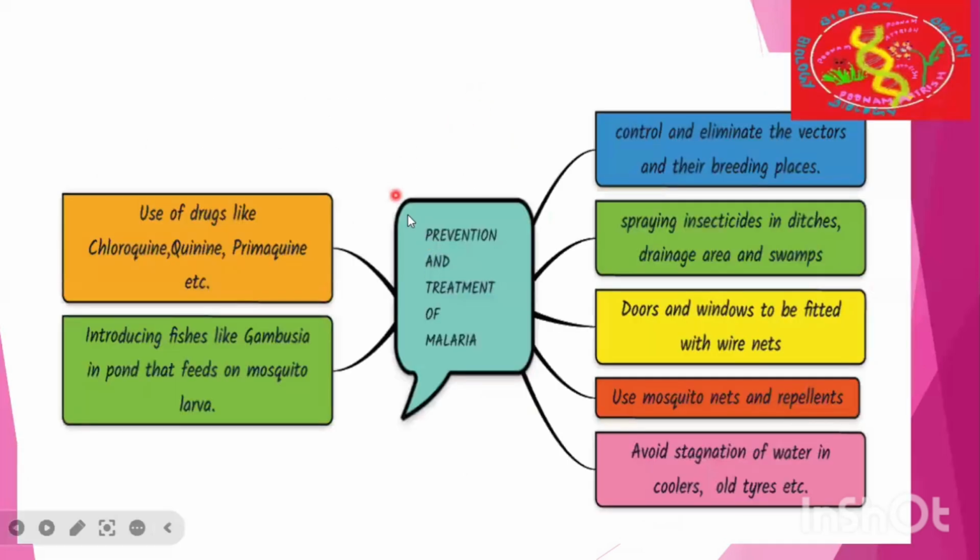Now, here you can see a mind map which shows prevention and treatment of malaria. So, let us first of all read out prevention. How could malaria be prevented?